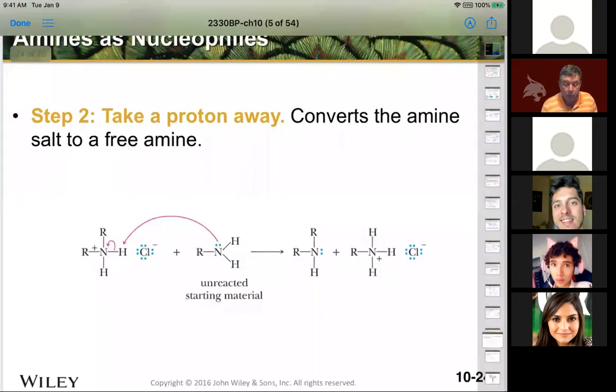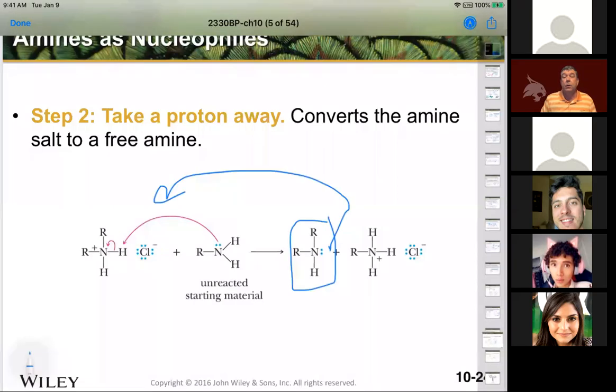Now, when we do that, this is still a nucleophile. It still has that lone pair. It can still go and attack another one again. So even if you only wanted one on there, I think you would end up getting another one on there and another one on there until you completely consume whatever your electrophile was.